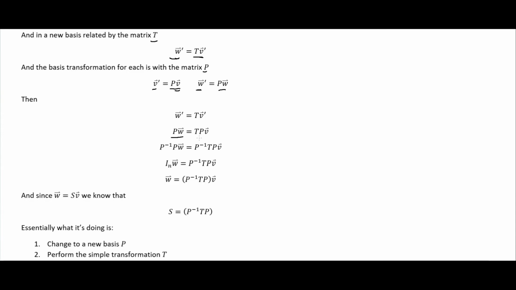And then we have the P V here, because that is the same as the V prime there. We multiply through by the inverse of P. On this side, the inverse acting on the P there will give us the identity matrix. It gives us this on this side, which we can put in parentheses here. So W equals this thing in parentheses acting on V, and we know that W equals S acting on V, and so we have S equals this.